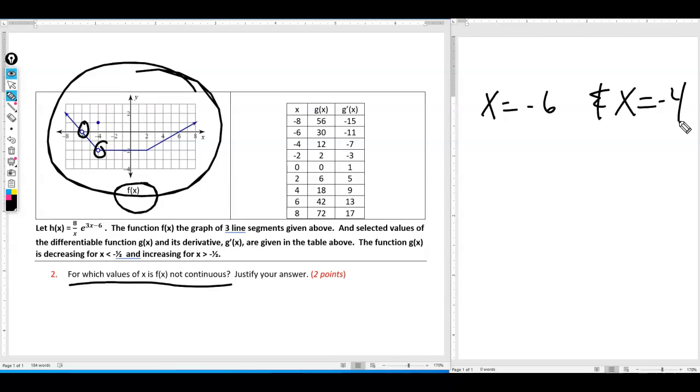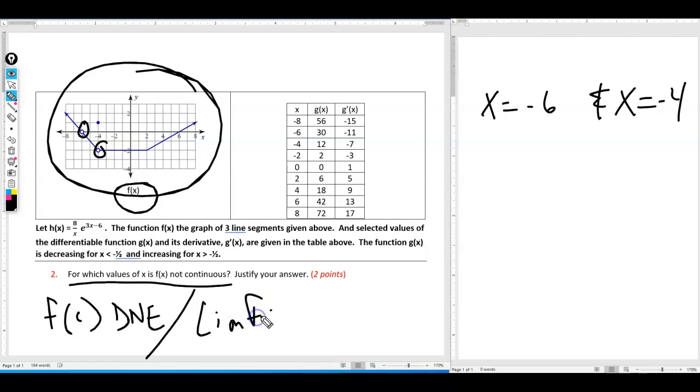Okay, now what are some ways that a function may fail to be continuous? One way is if the function doesn't exist. In other words, there's just not a point there. Another way that it would not be continuous is if the limit doesn't exist.